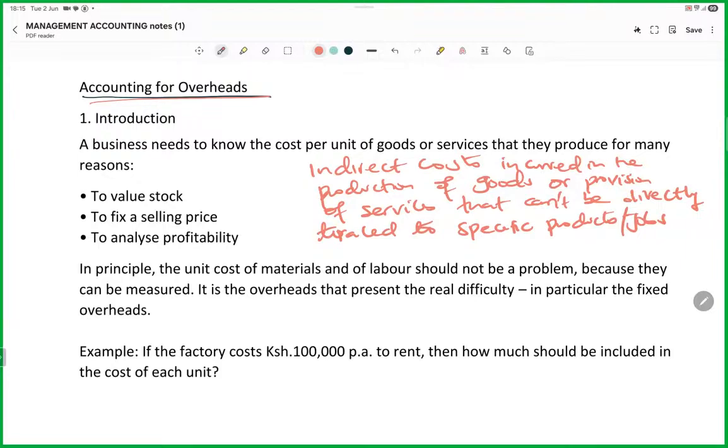So these are those indirect expenses, indirect costs, which are incurred in the production of goods or provision of what here?